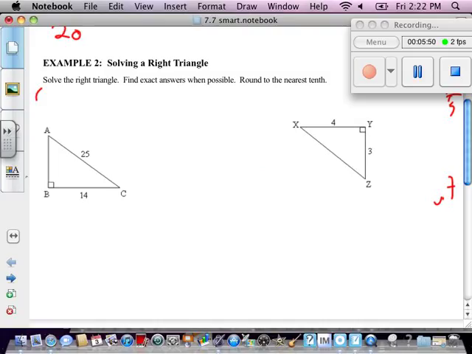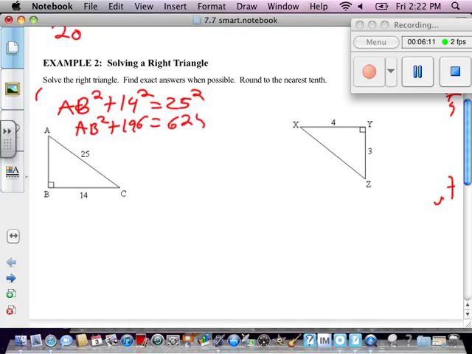Pythagorean theorem. So we're going to do AB squared plus 14 squared equals 25 squared. This is going to give me AB squared plus 196 equals 625.